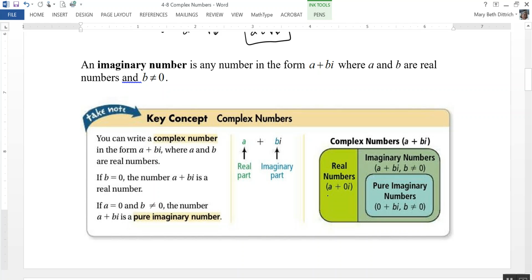If this were 3 plus 0i, well, 0 times i is 0, so that would be just 3, which is a real number that we're familiar with. Then the other part of the complex number universe is imaginary numbers, where you have a plus bi, where b is not equal to 0, something like 3 plus 2i. And then pure imaginary numbers are where a is equal to 0, so you might have something just like 3i.